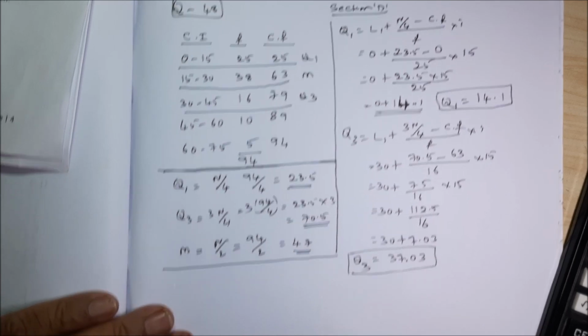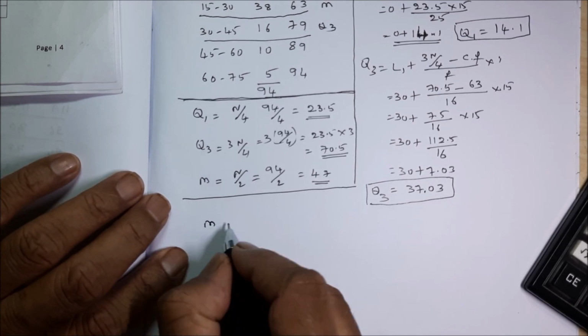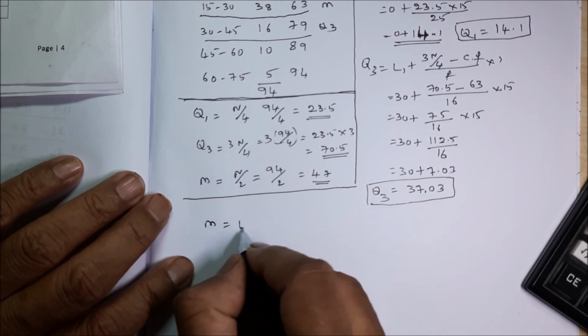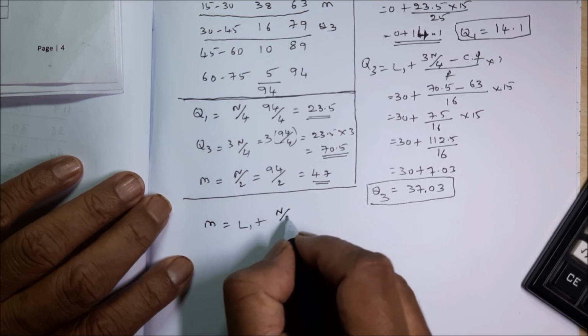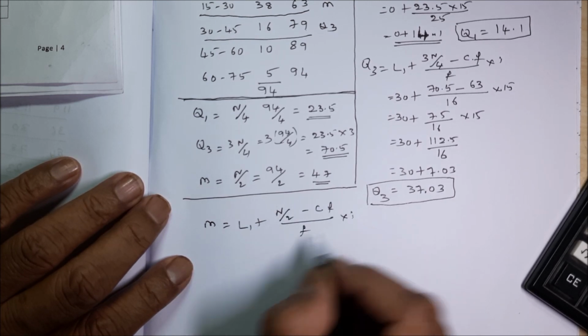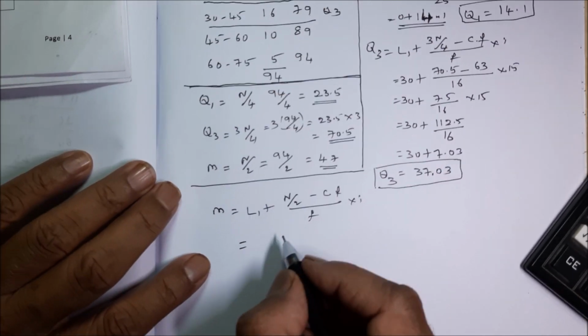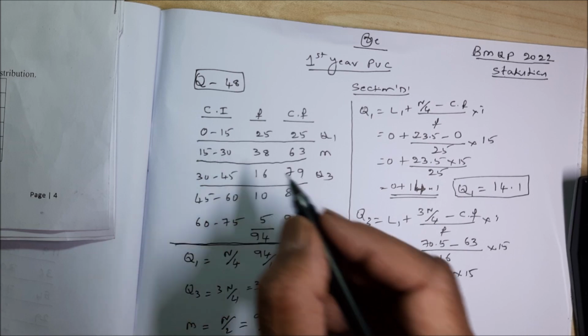Now median. Median is equal to L1 plus N by 2 minus CF by F into I. L1, the median class here, is 15.